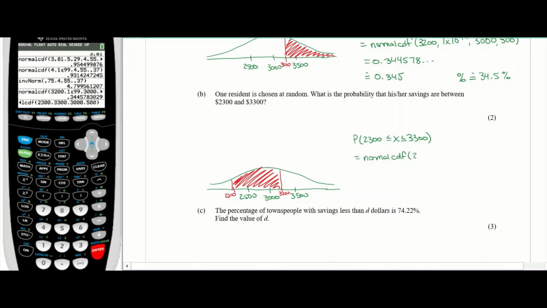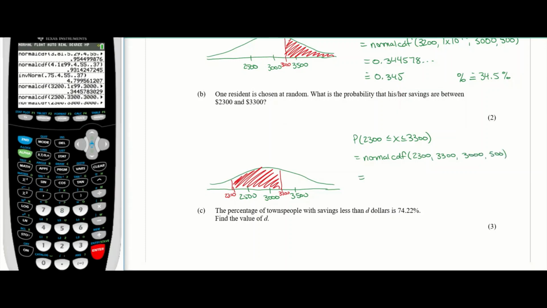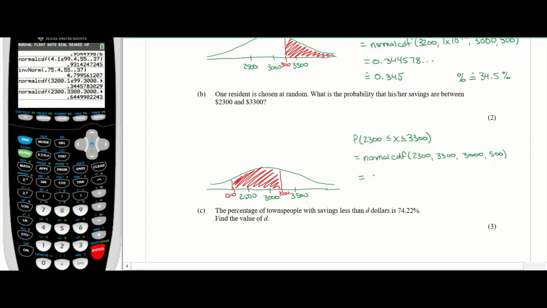So I've got 2,300, 3,300, 3,000, and 500, which gives me 0.644, which when I round gets me actually 0.645 because it's 6,449. So that's the probability that this resident's savings are between 2,300 and 3,300.